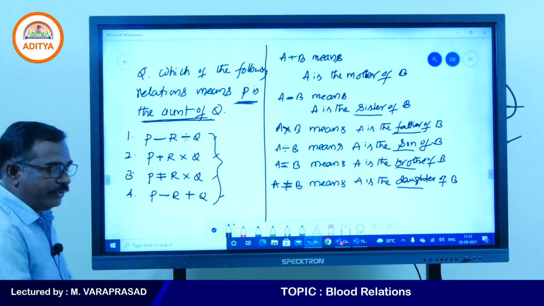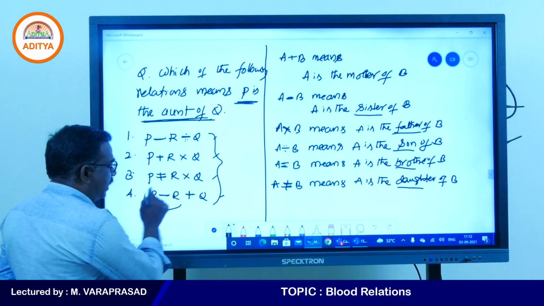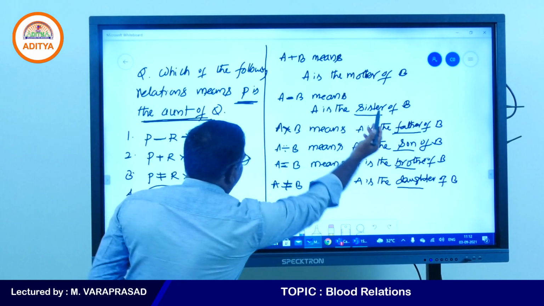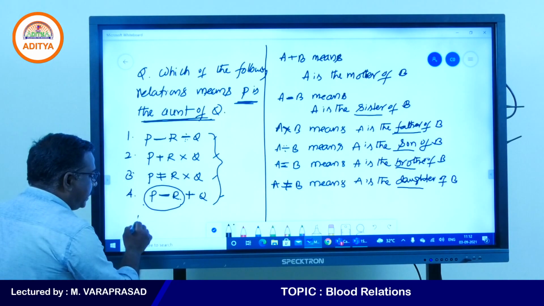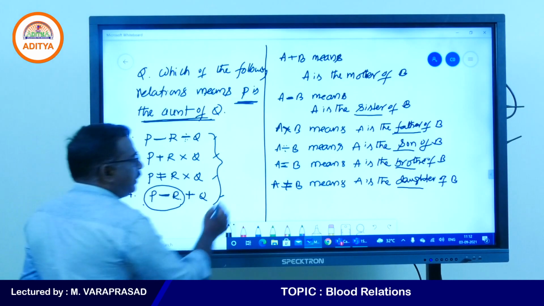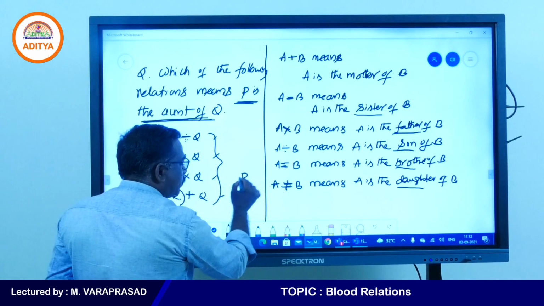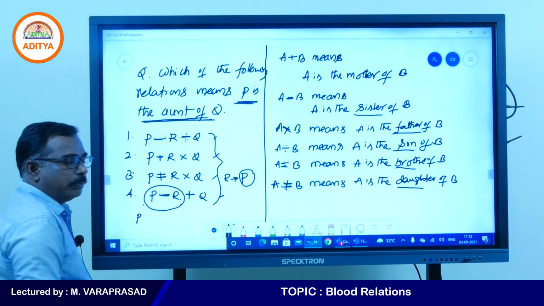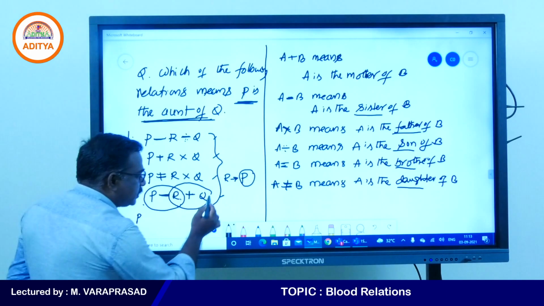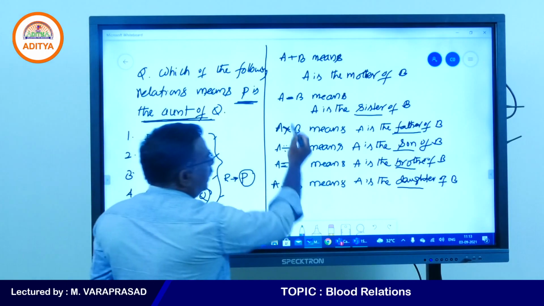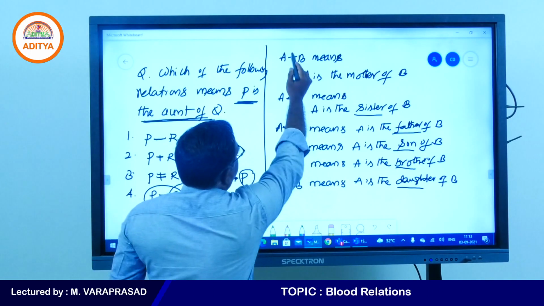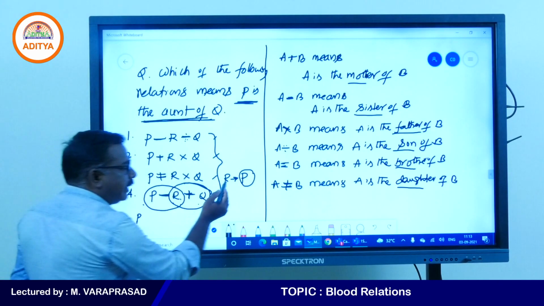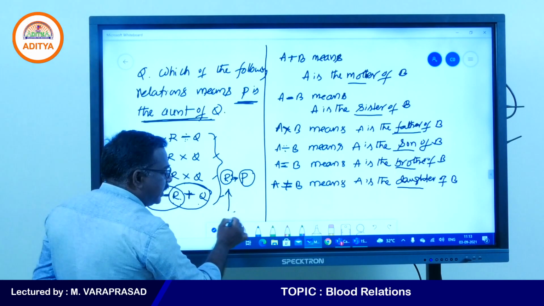Suppose we take P minus R: minus denotes sister, so P is sister of R. Then R plus Q: plus means mother, so R is mother of Q.